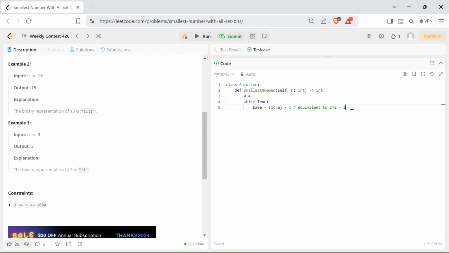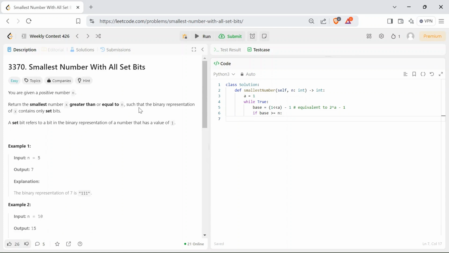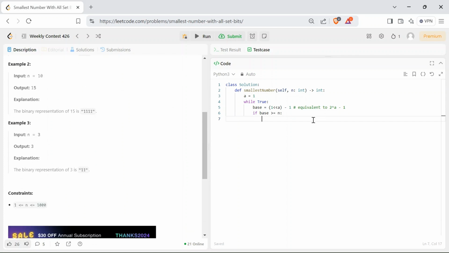So if my base is greater than or equal to n, I would return base.